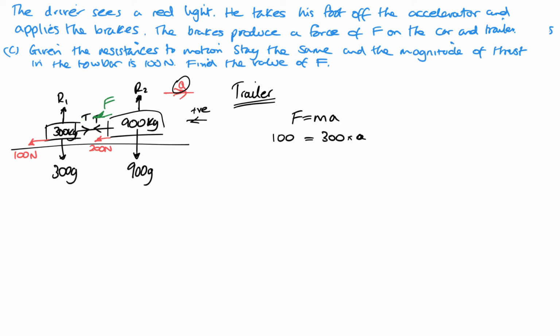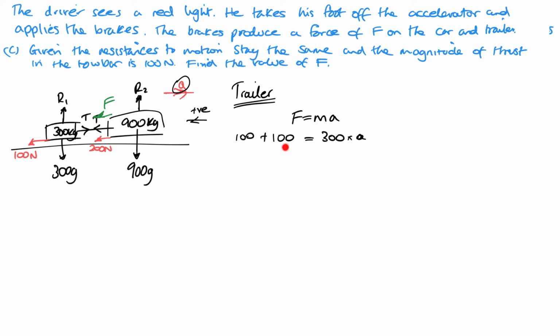But what we actually have to do is think about all the forces that are acting on the trailer. So there's also a force of 100 newtons, which we're told in here, which is also acting on the trailer. So there is actually a force of 200 newtons acting on the left.